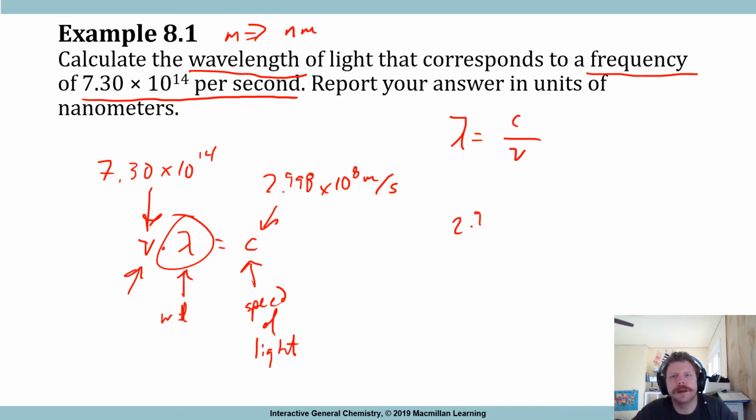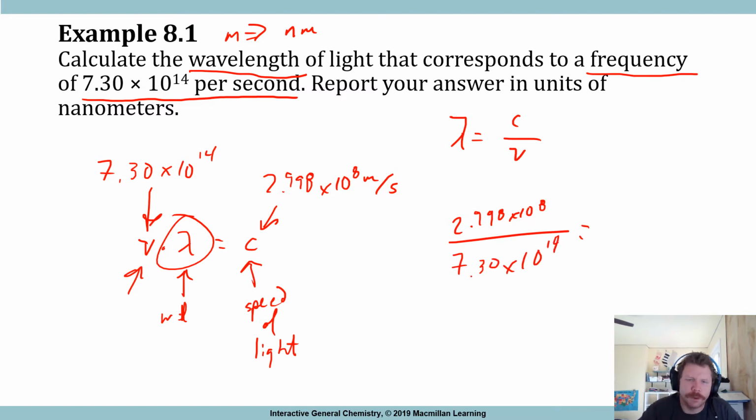So 2.998 times 10 to the 8th divided by 7.30 times 10 to the 14th equals, well, our units are going to be in meters, and that is going to be 4.10 times 10 to the negative 7th meters.